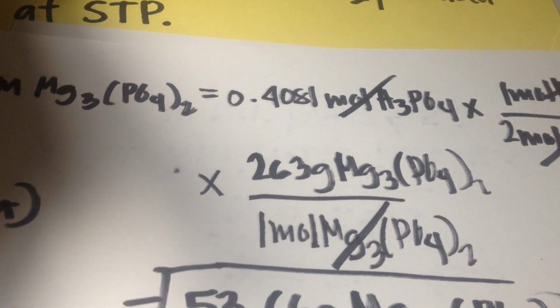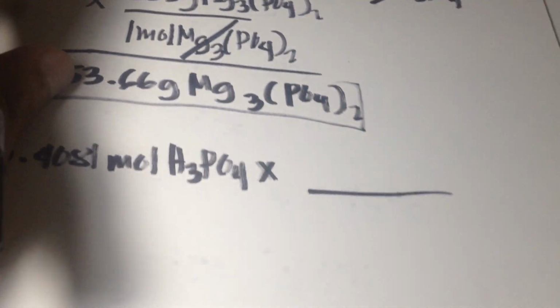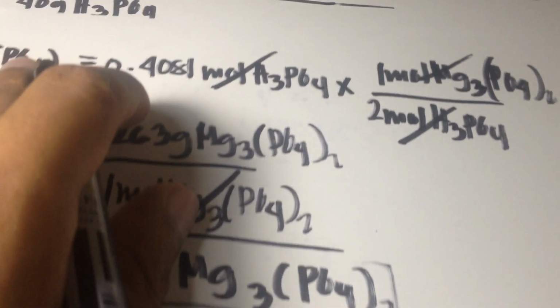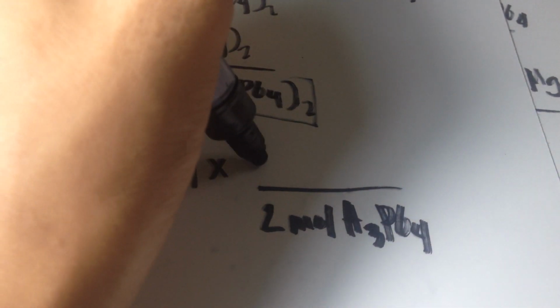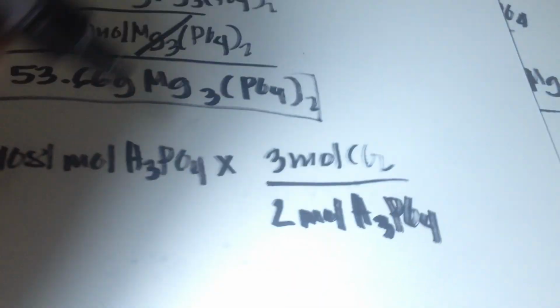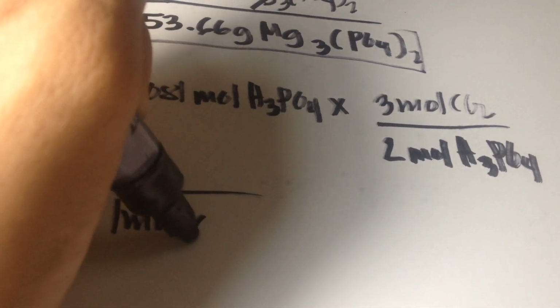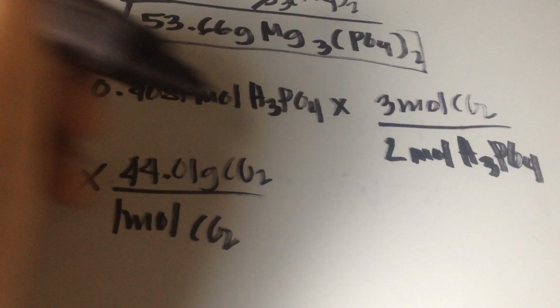In the reaction, we have 2 moles of phosphoric acid to 3 moles of carbon dioxide, times 1 mole of carbon dioxide to 44.01 grams of carbon dioxide.